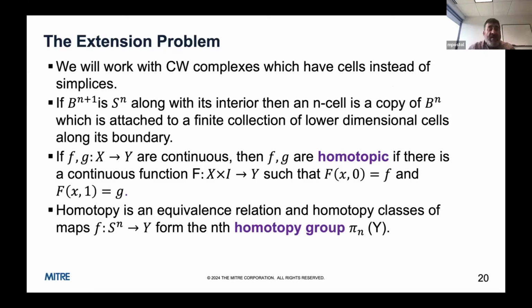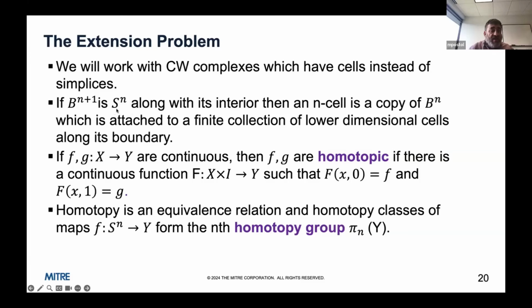All right, so I'm going to talk about cells instead of simplices. So cells are squishy simplices. You work with a line segment, which you can bend, you take as a 2-cell and so on. I won't rigorously define a CW complex, but the idea is that the cells are attached to lower dimensional cells.